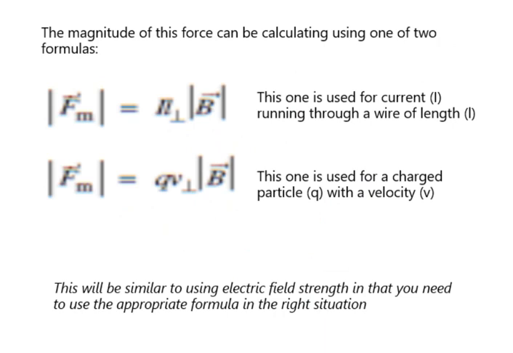L is length. The longer the wire, the more wire I have, the more force there would be, because there's more electrons running through it. And then B is your field. This is if you have a wire. But if you just have a particle that's moving, you use the formula QVB. Q is how much charge your particle has, V is how fast it's traveling, and B is your field strength.